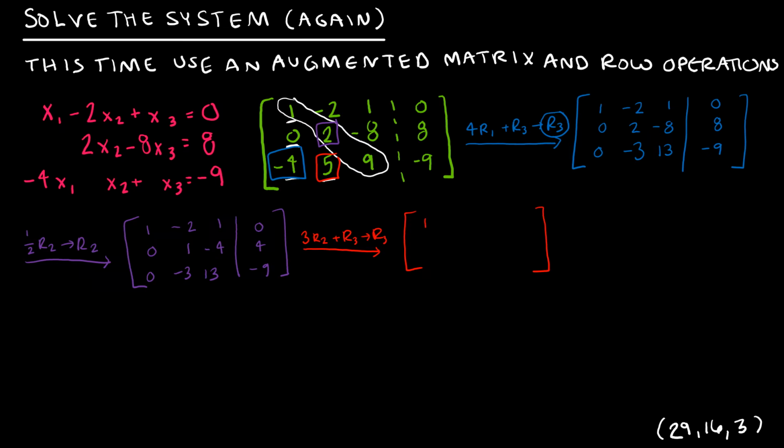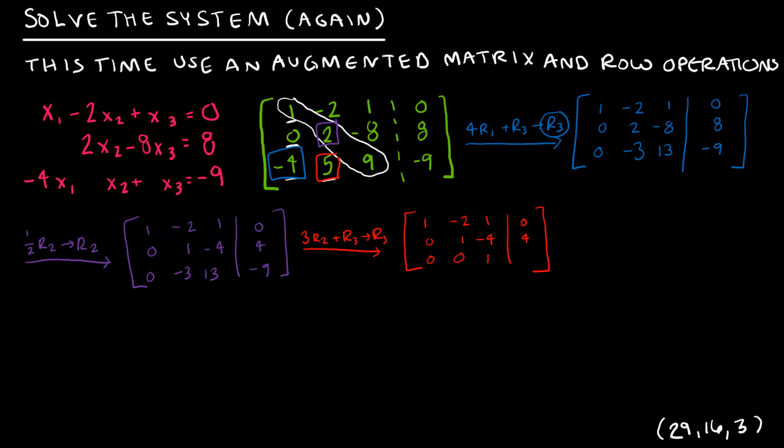So row 1: 1, negative 2, 1, 0. Row 2: 0, 1, negative 4, 4. And row 3, I'm taking 3 times row 2. So 3 times 0 plus 0. 3 times 1 plus negative 3. 3 times negative 4 is negative 12, plus 13 is 1.